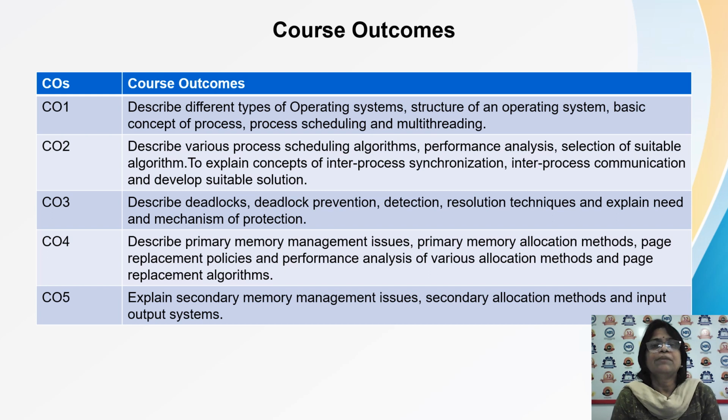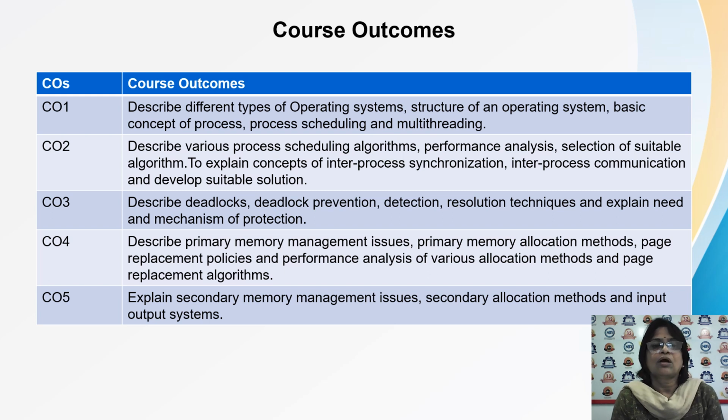Unit 2 gives the various process scheduling algorithms, performance analysis, and how to select a suitable scheduling algorithm. It will also explain inter-process synchronization and inter-process communication. Unit 3 describes deadlocks, deadlock prevention, detection, and resolution techniques, and explains the need and mechanism of protection.